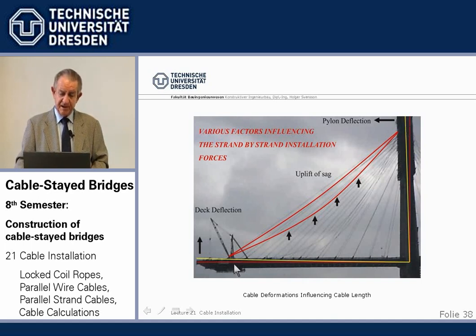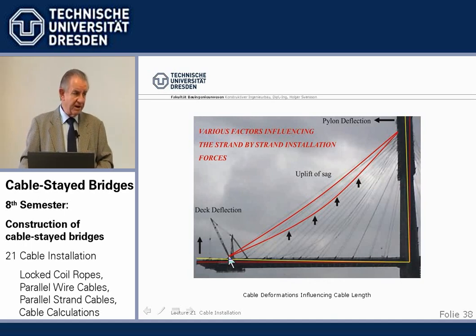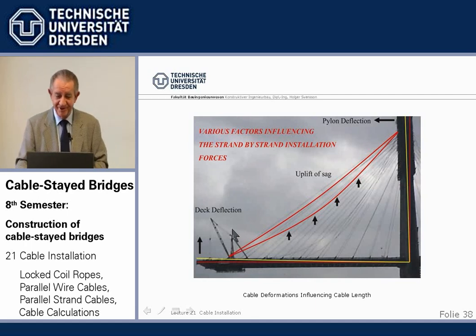Then we have to take into account the dead weight of the installation equipment, the derrick, which you better weigh, because otherwise you're always too low. Derricks are always heavier on site than assumed.